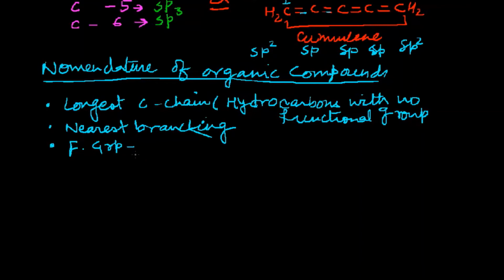So for a chain with a functional group, we must follow the priority order as a basis to give numbers. Preference must be given to the carbon containing the functional group.